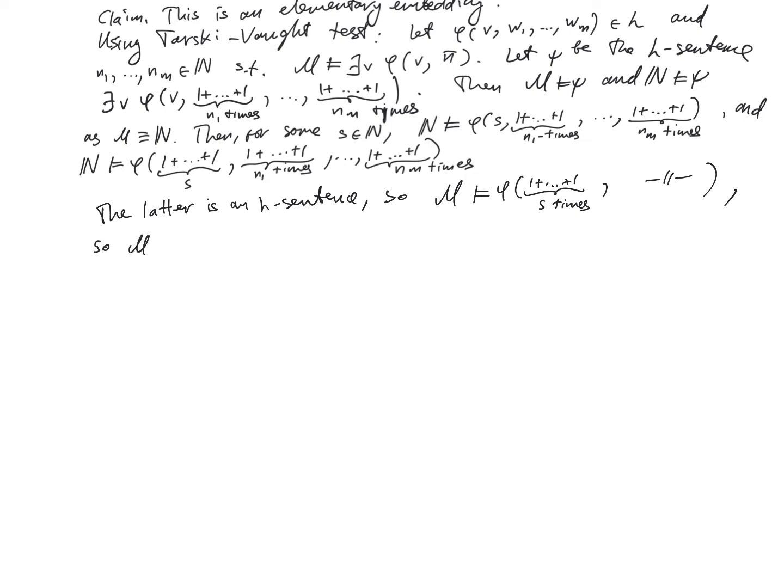So we have that M satisfies phi of s and n1 through nm, where s is the corresponding element of the copy of N in M. Hence, by Tarski-Vaught, we conclude that N, the actual natural numbers, is an elementary substructure of M. So this shows that N is a prime model of its theory.